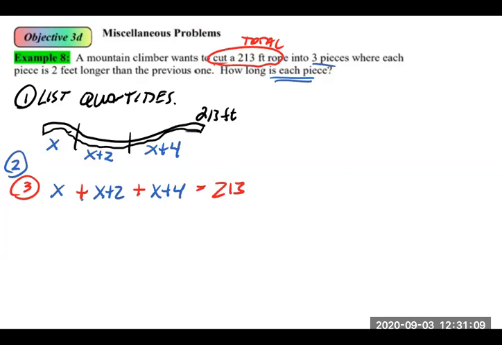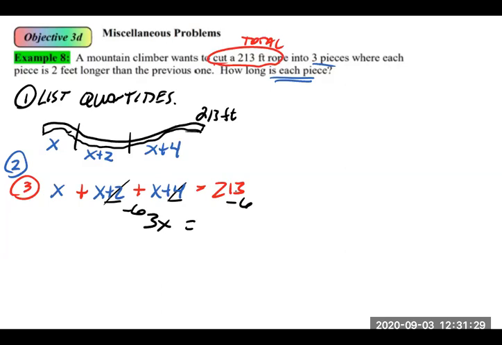All right, so let's go ahead and solve this. I have 3 X terms, so we'll combine those X terms on the left side. I get 3X. Notice I have 2 and 4 on the left side. So if I attach a -6 to both sides, that will cancel the 2 and the 4 term.